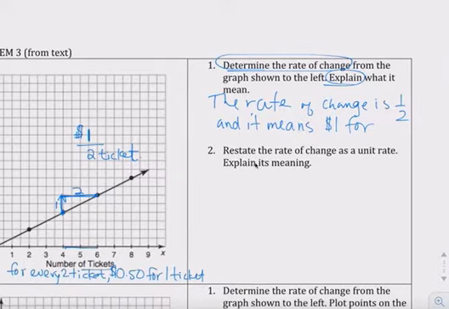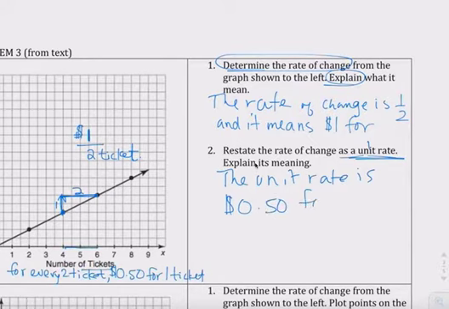You write that down. And the unit rate is how much is 1. Unit means 1. The unit rate is 50 cents for 1 ticket, or per ticket.